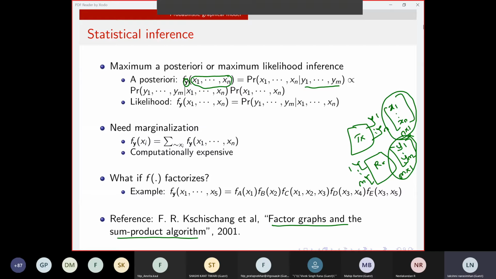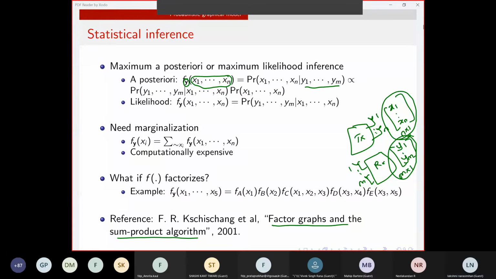In general, this is what we are going to try to solve today. We have observations y, and from those observations we'll try to identify the n variables that caused them. These x1 to xn are called variables, and y1 to ym are called observations.